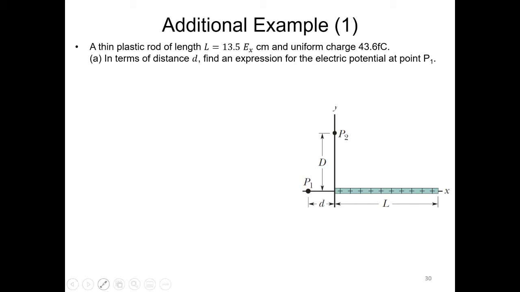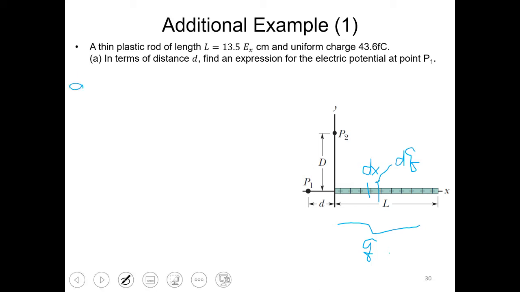So actually, we can just use integration, and we can separate this rod into many small infinitesimal segments, and maybe we can call this part dx, and the total charge is Q, and then there is dq on this part.